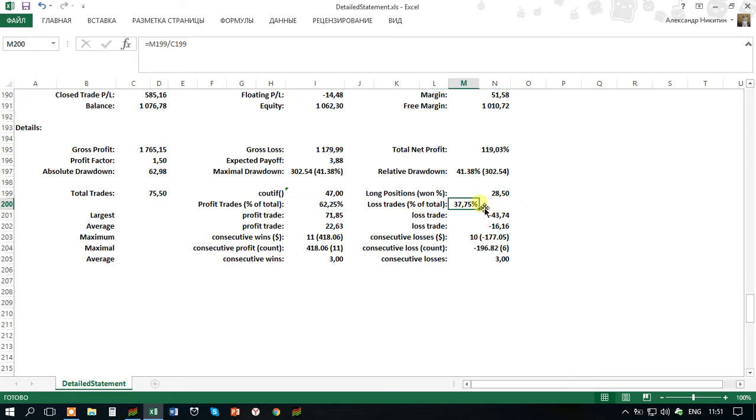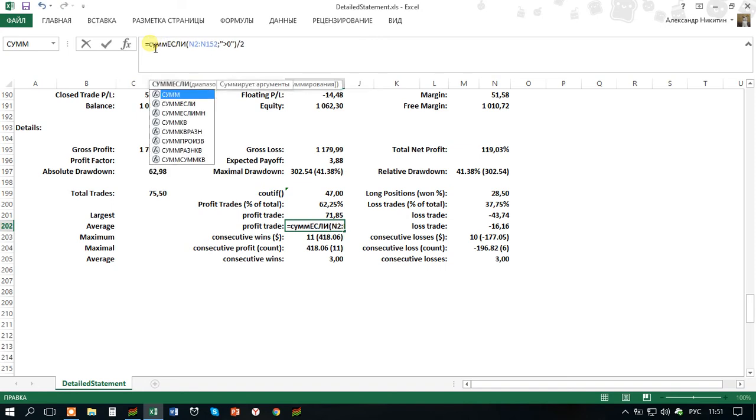Done. Okay, so what I will do, I will copy this formula because it will be mostly the same here. But instead of COUNTIF, I need SUMIF. SUMIF, this means adding one to each other.